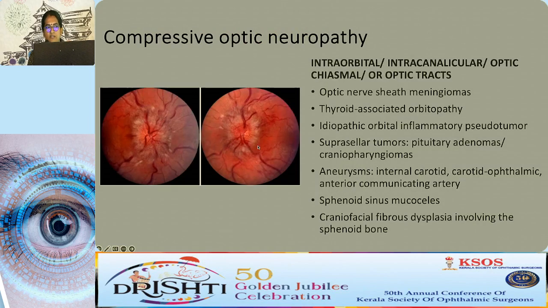The second classification would be compressive optic neuropathy, in which the compression can happen at any level: optic disc, optic nerve, intraorbital, intracanalicular, optic chiasmal, or even in the optic tracts.